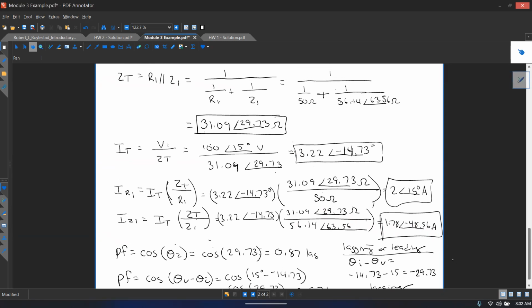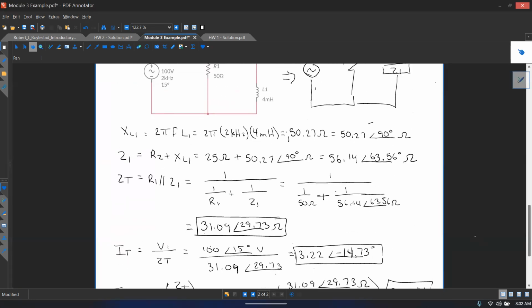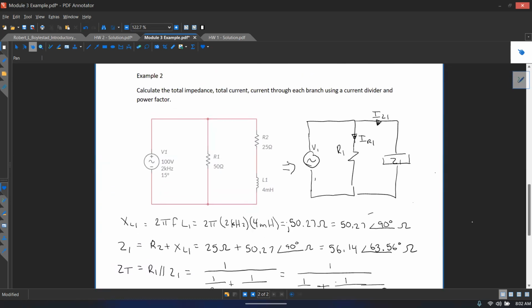All right, so now to double check your work, remember that Kirchhoff's current law means that the current in equals the current out. So you've got your I total coming into this junction right here, and then you have this IR1 and IZ1 leaving.